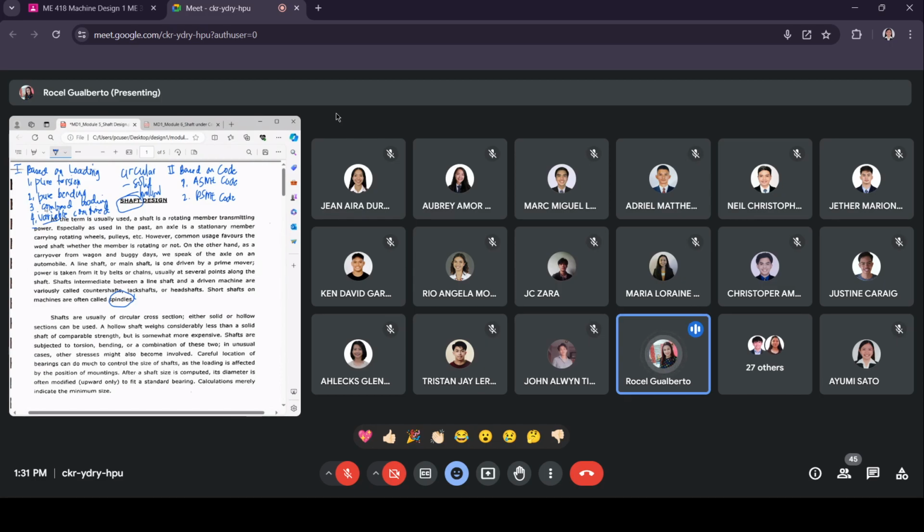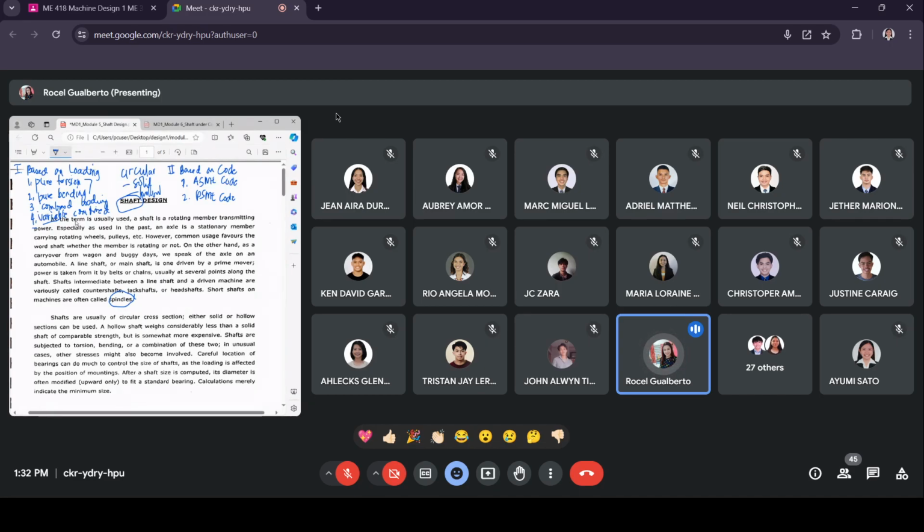So this would be the first part of our discussion. Let us have first the shaft design based on the loading. The first two, pure torsion and pure bending, are just the same as our topics before the midterm, okay?